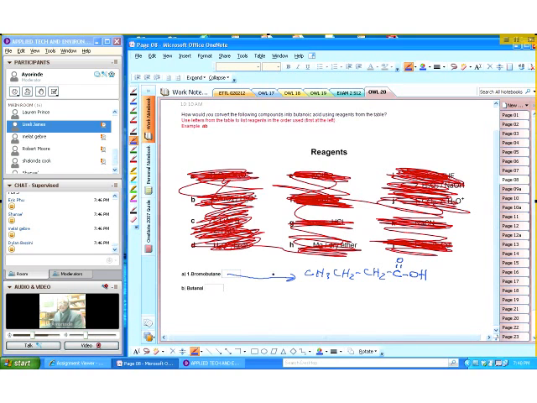Butanoic acid. So how do we do that? 1-bromobutane. Can anybody give us a sequence of reactions, 1-bromobutane to butanoic acid? 1-bromobutane, of course, will be this molecule here.